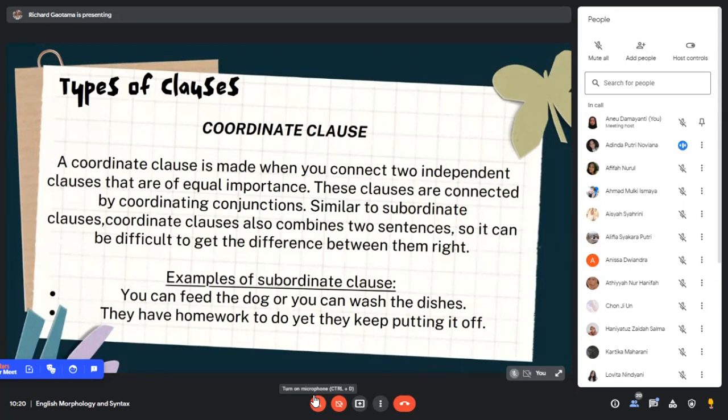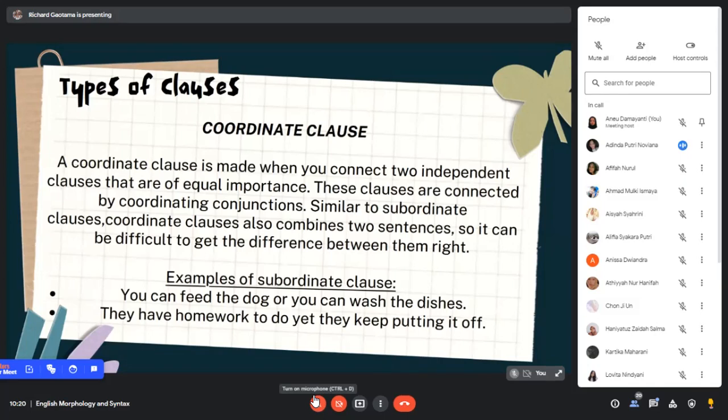These clauses are connected by coordinating conjunction. Similar to subordinate clauses, coordinate clauses also combine two sentences, so it can be difficult to get the difference between them right. So here are the example.